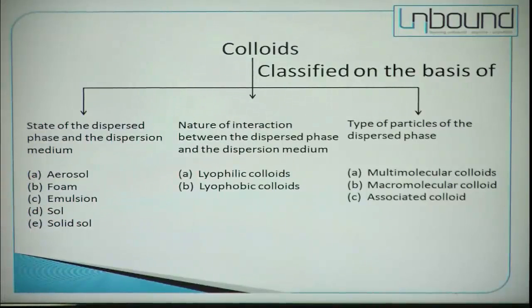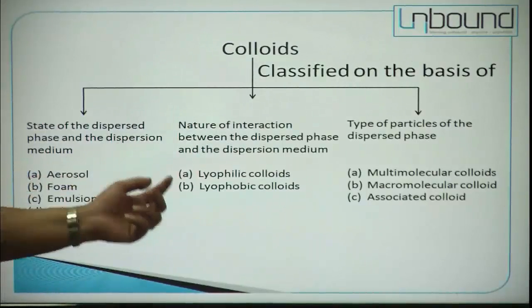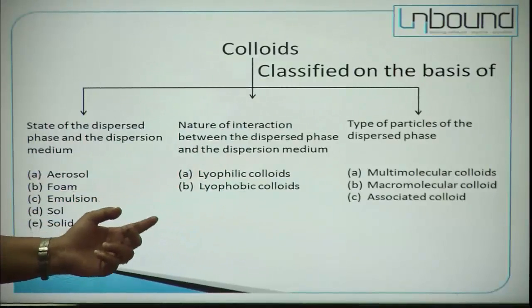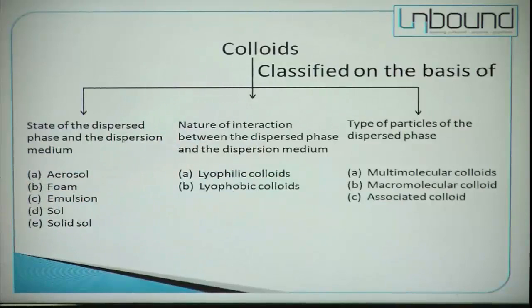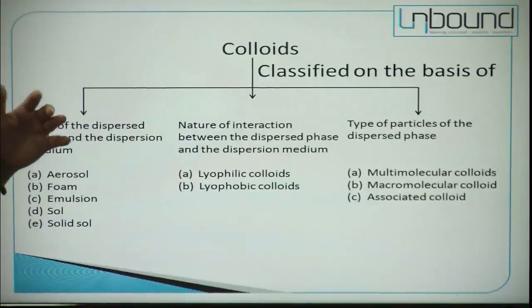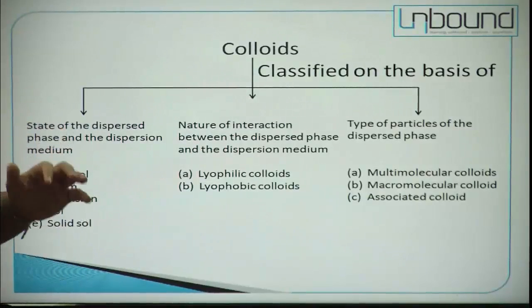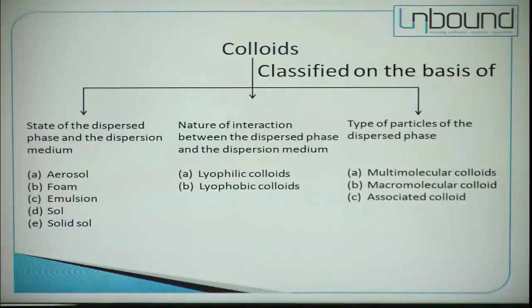Now the second classification is based on the nature of interaction between the dispersed phase and the dispersion medium. Based on the way they interact with each other, there are two types of colloids, the lyophilic colloids and lyophobic colloids.